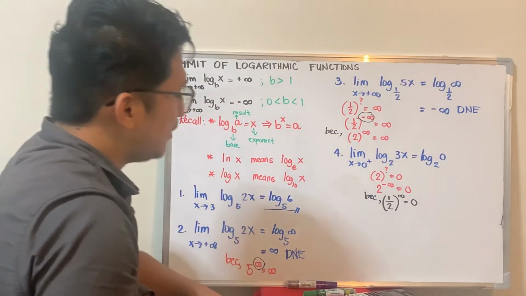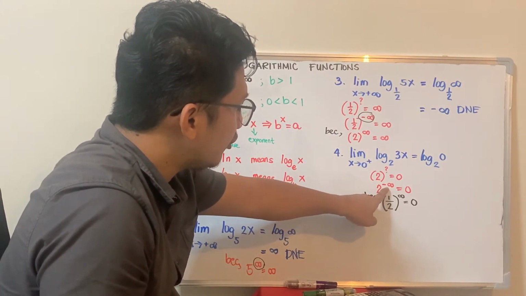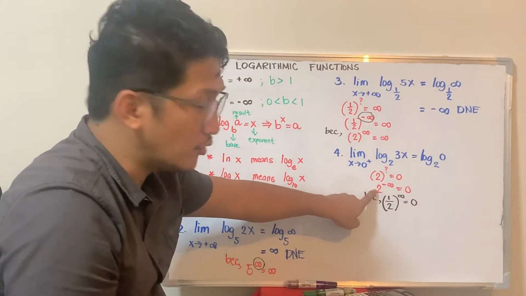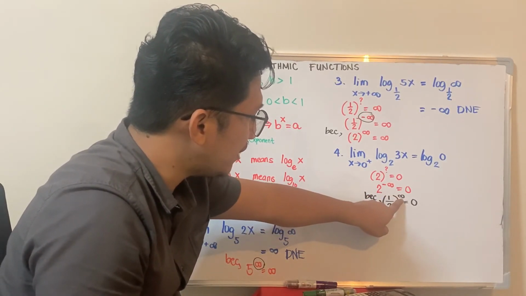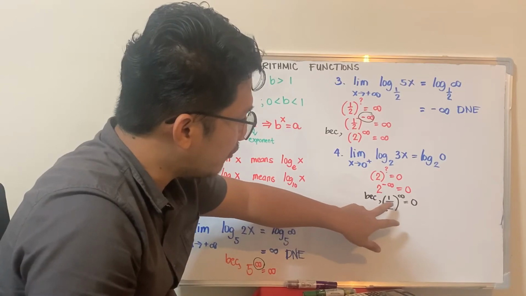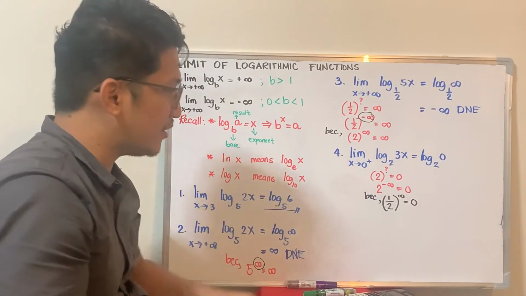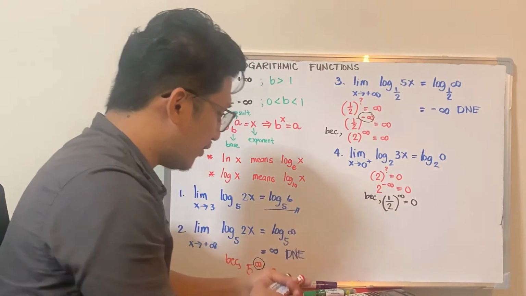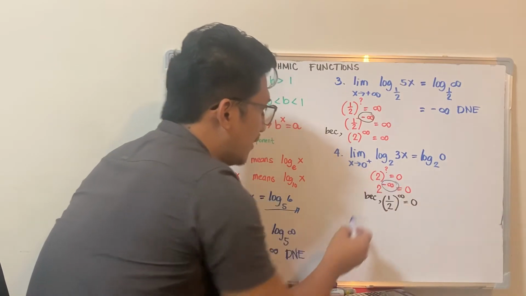Since the exponent is negative, you take the reciprocal of 2, which is 1/2, so negative infinity becomes positive infinity. If you multiply 1/2 by itself infinitely many times, it becomes 0. So our answer is negative infinity.